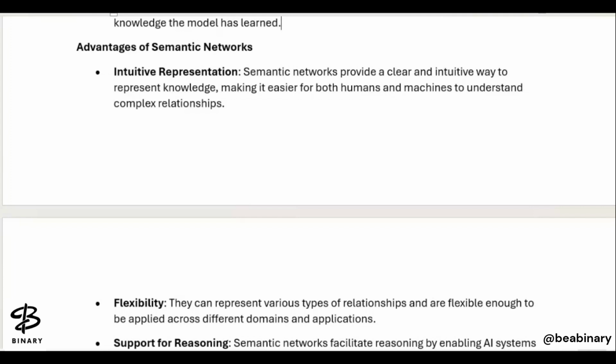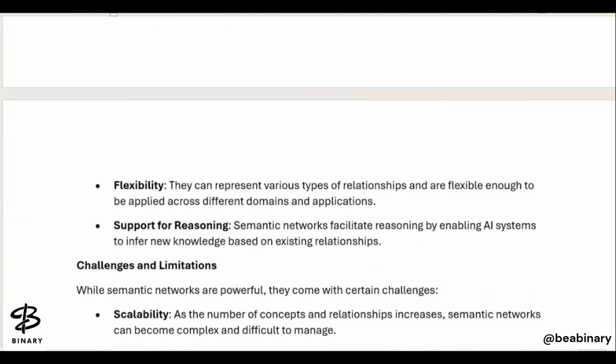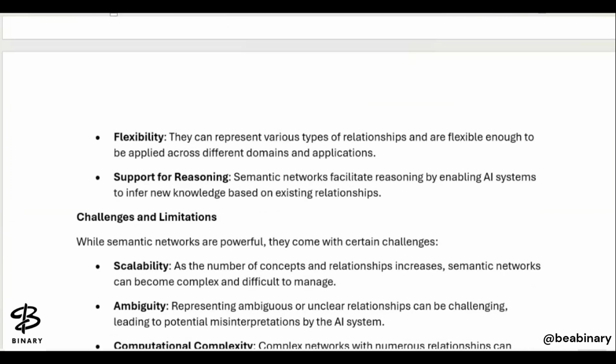Now, what do you understand by flexibility? It can represent various types of relationships and is flexible enough to be applied across different domains and applications. And now the support for reasoning. As we have discussed, semantic networks facilitate reasoning by enabling an AI system to infer new knowledge based on the existing relationships.